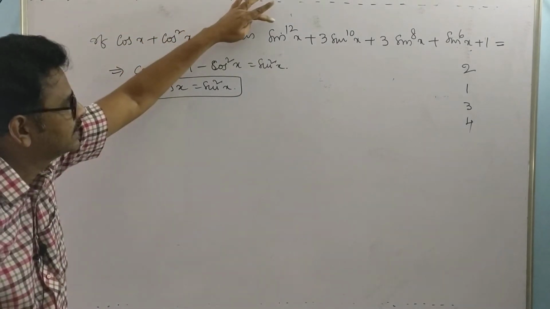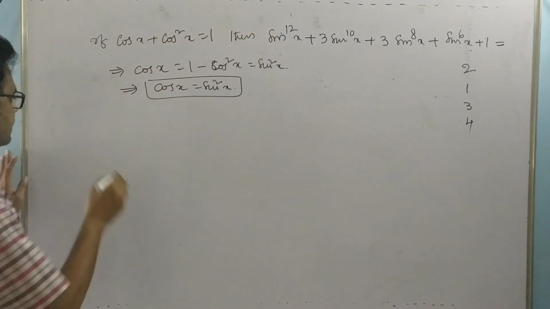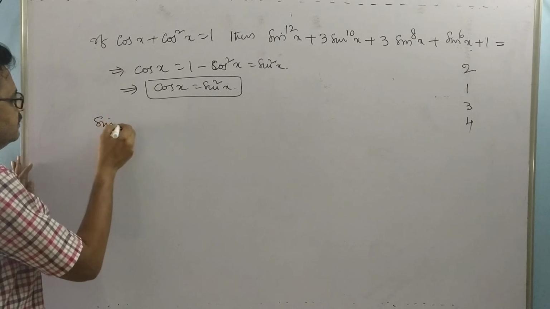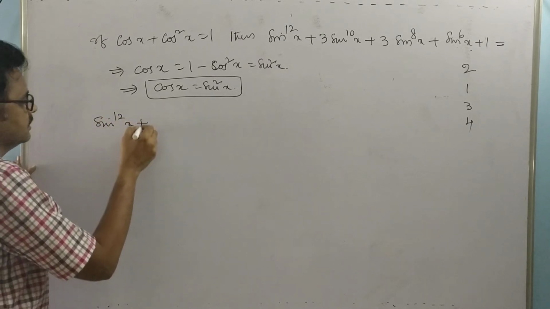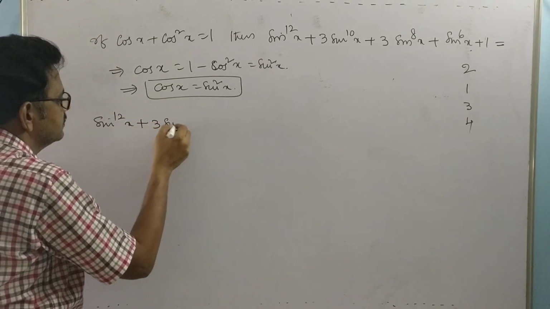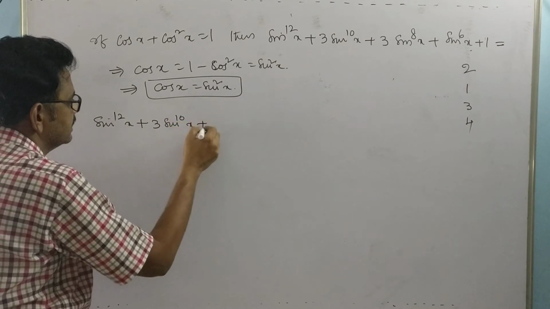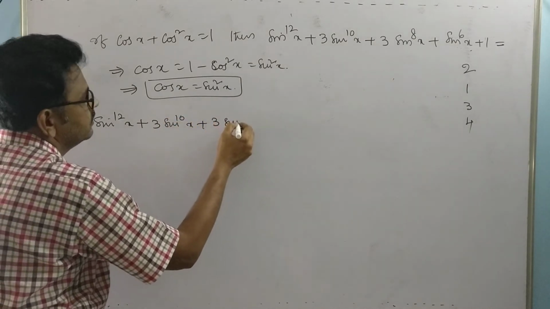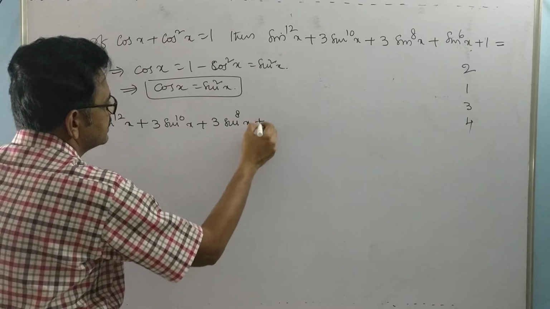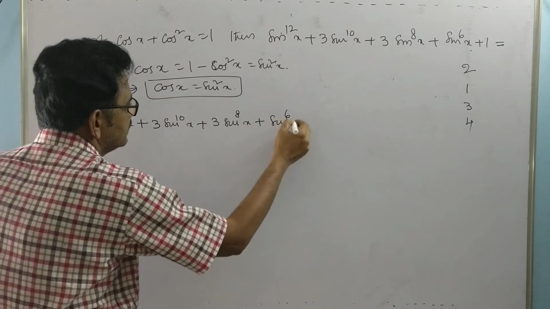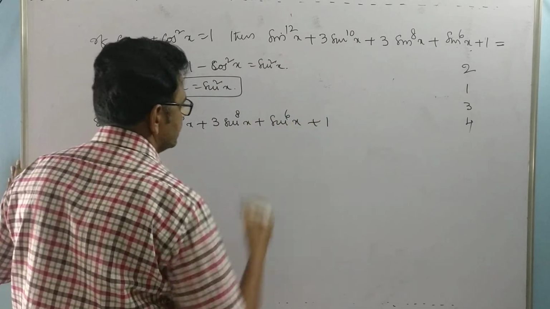Now this given expression is sin power 12x plus 3 into sin power 10x plus 3 into sin power 8x plus sin power 6x plus 1.